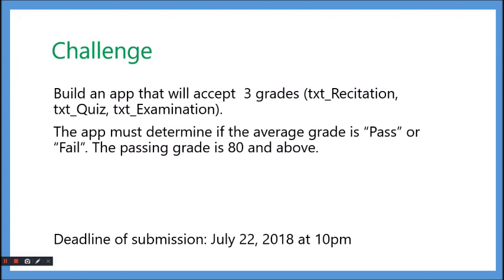If it reaches 101, definitely there will be a message that will correct them or notify the user that they are out of bounds. Definitely the application must have that. So again, deadline for submission will be on July 22, 2018 at 10 p.m.